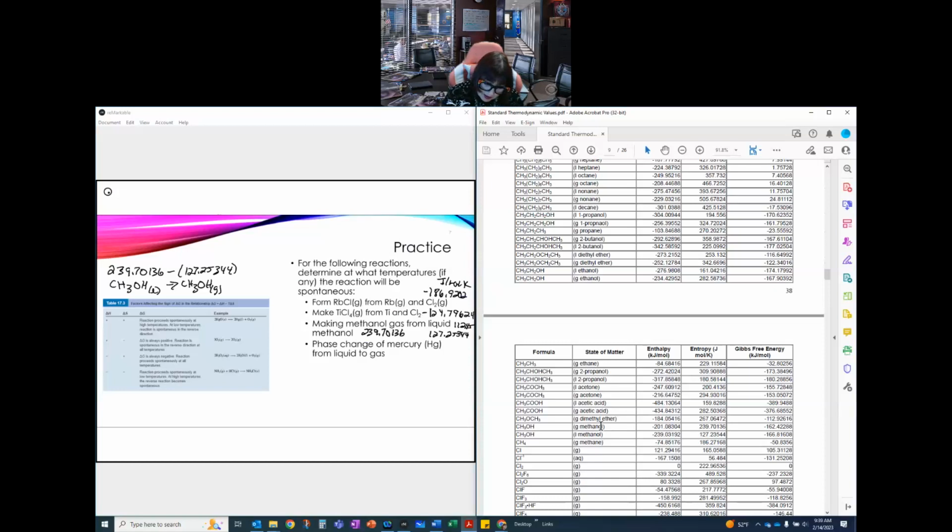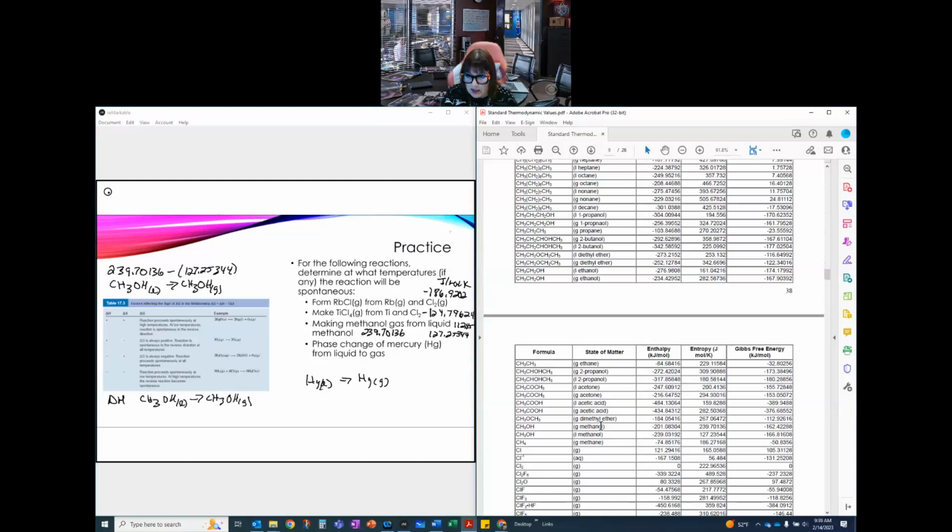Of course, if I want to look at this one right here, I want to go from mercury liquid to mercury gas. Now, before I do that, I know, beyond the shadow of a doubt, that I'm going to have to calculate a delta H for this reaction as well. And so for my delta H, I'm going to start looking at this CH3OH liquid going to CH3OH gas.